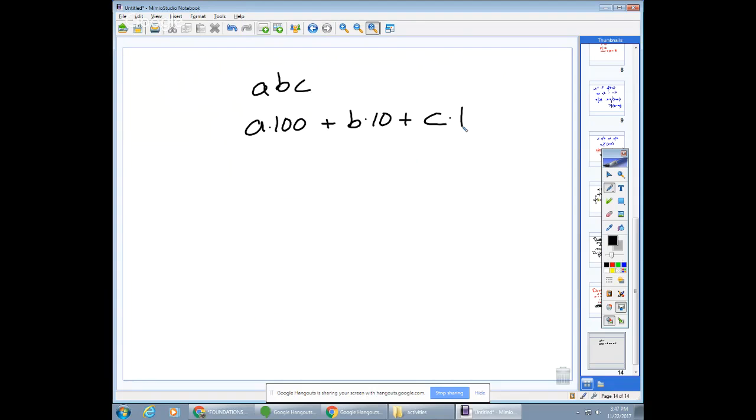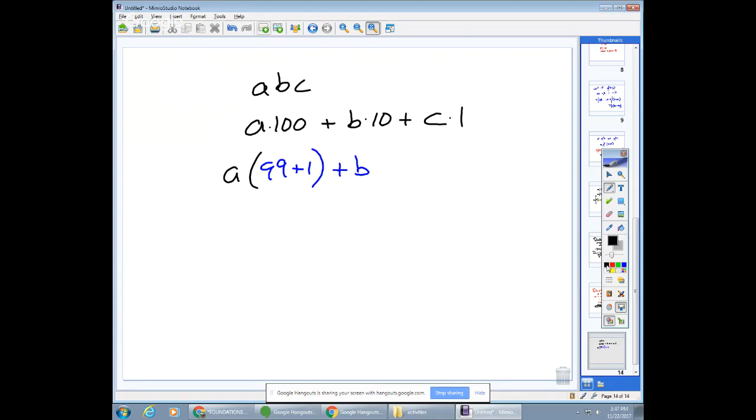Right? Okay. Now, 100 can be rewritten as 99 plus 1. And 10 can be rewritten.